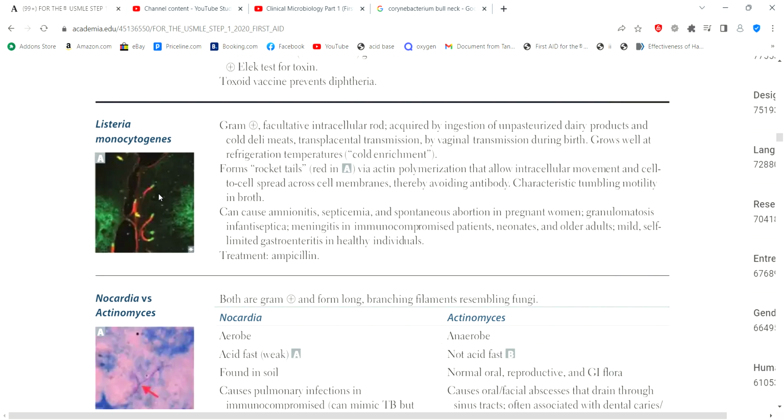If a pregnant woman is Listeria positive, give ampicillin.